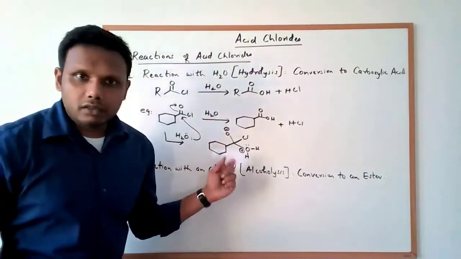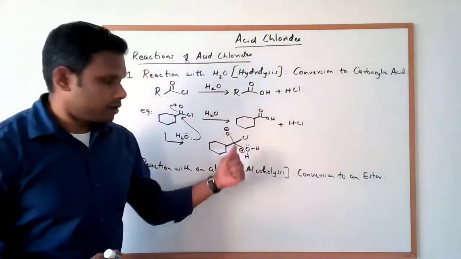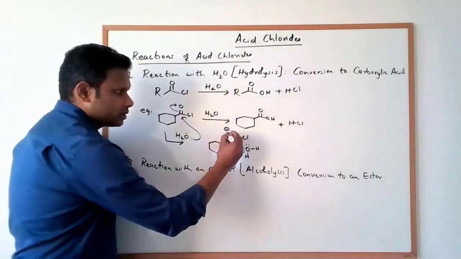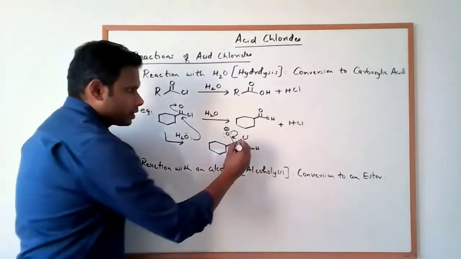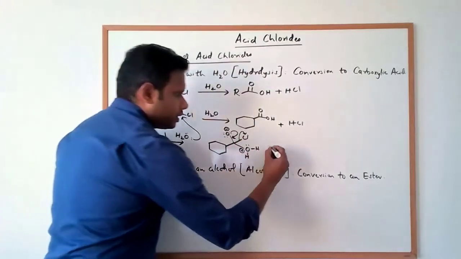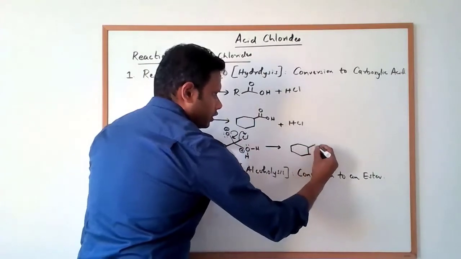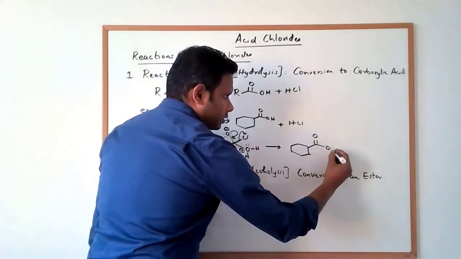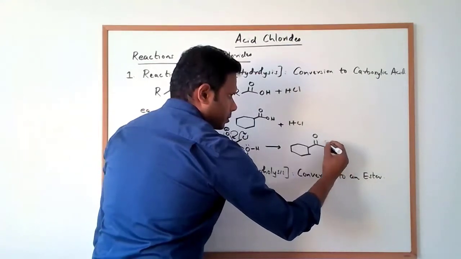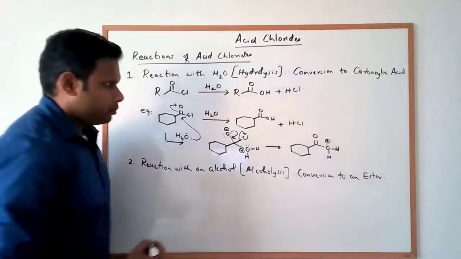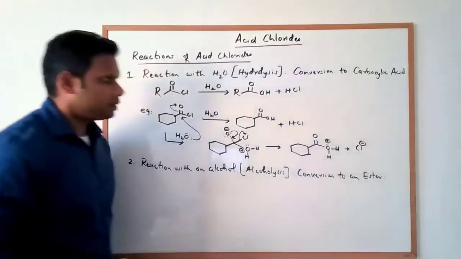Once you make the tetrahedral intermediate, the immediate next step is the collapse of the tetrahedral intermediate. The bond comes down, and simultaneously the leaving group leaves, and so this would give us the protonated carboxylic acid, plus there will be Cl minus.